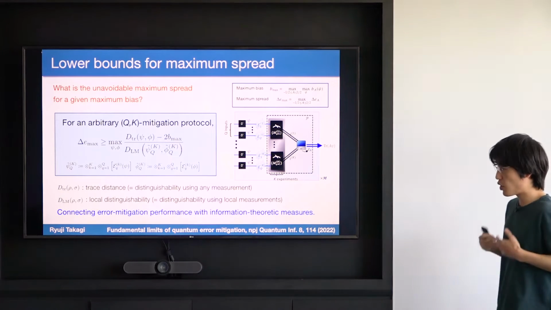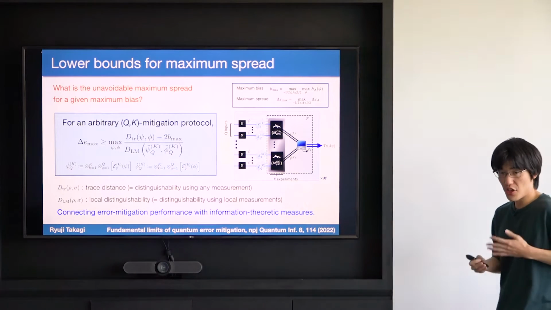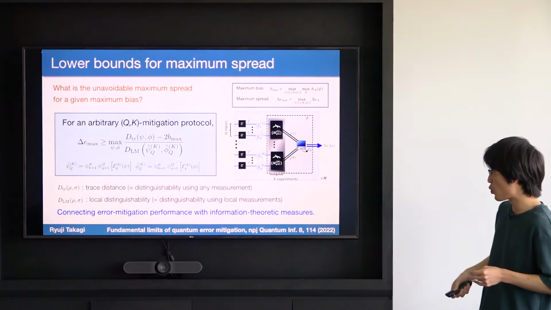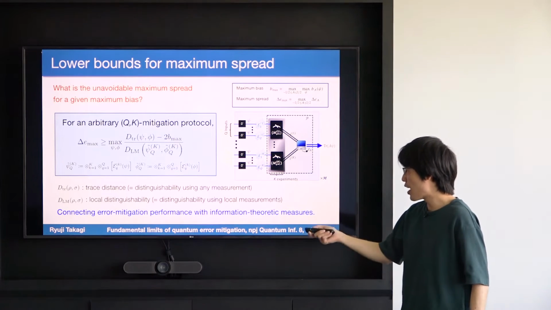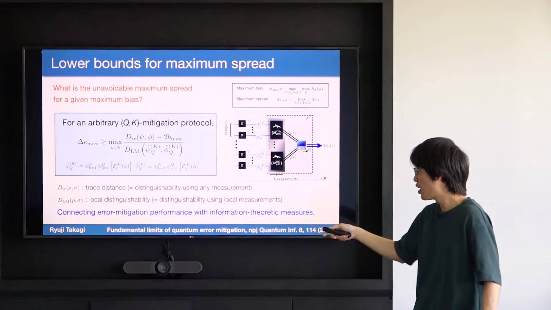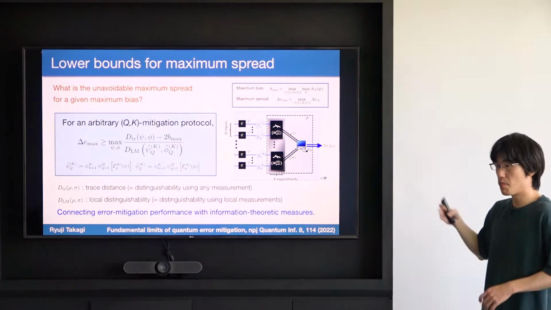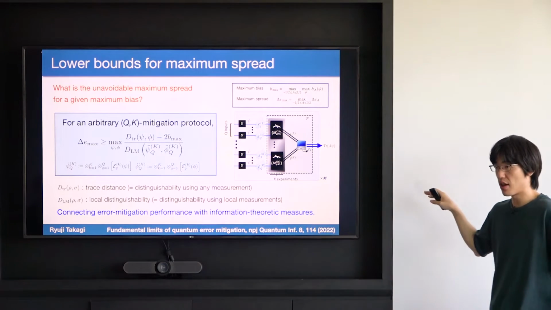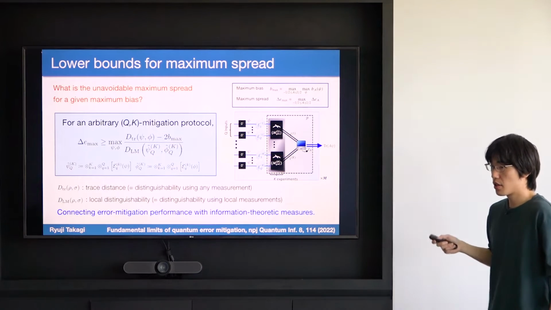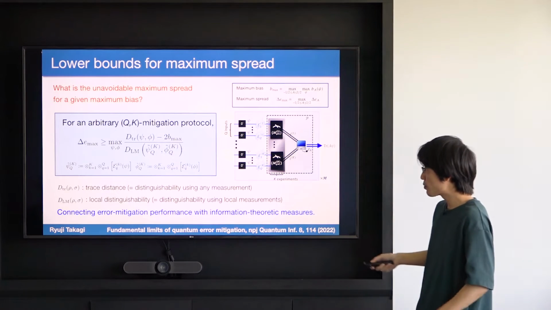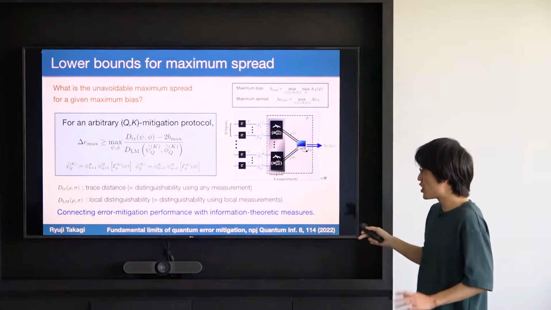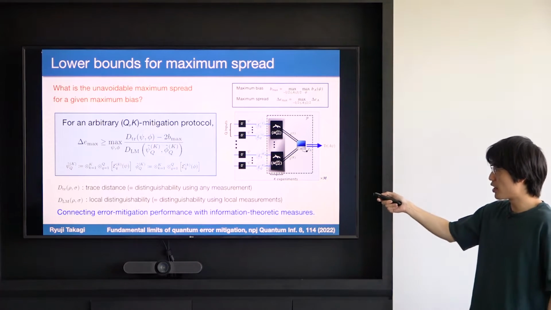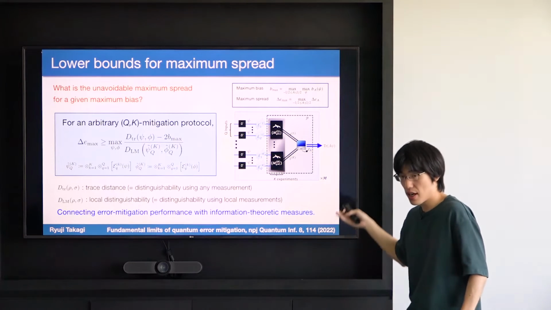This is a pretty intuitive relation, but quantified in a way that connects the error mitigation performance on the left-hand side and the information-theoretic measure of distinguishability on the right-hand side. This is one interpretation. You can also see this as a trade-off between the maximum spread and the maximum bias.